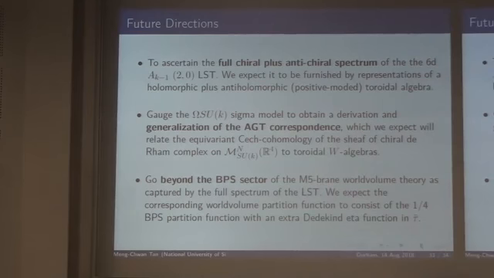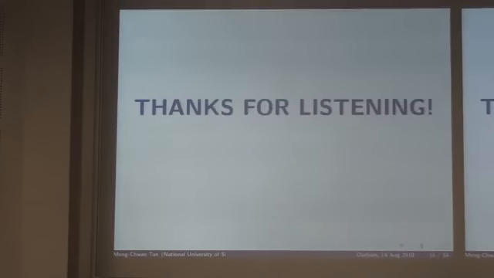What we would get is an equivariant version of check homology, not just the rank homology on the space of instantons, to toroidal algebras, W algebras. And finally, of course, we go beyond the BPS sector that we mentioned, the half and the quarter one. And we expect that if we compute this spectrum beyond the quarter BPS sector, we would get something like what we saw just now, just with an extra eta function valued in tau bar to represent the right excited states. Okay, thanks for listening.